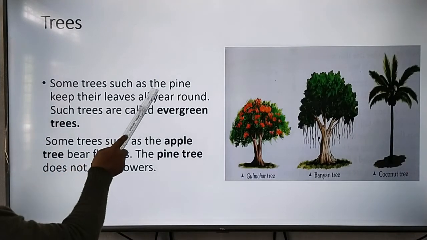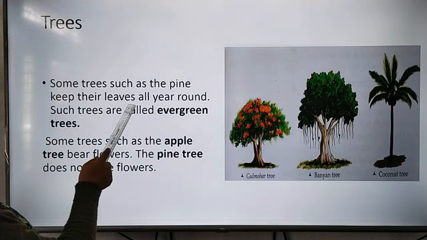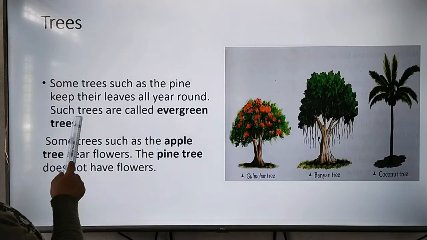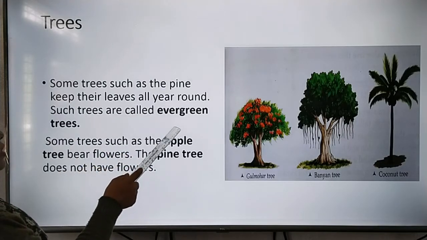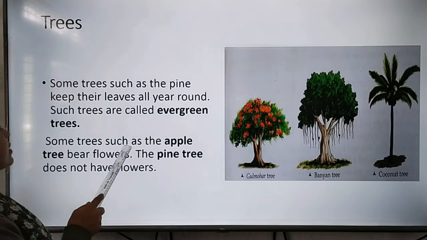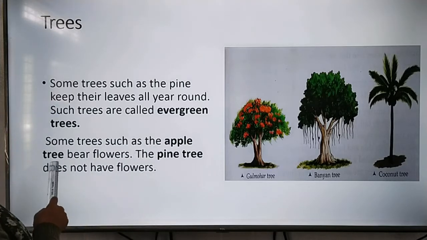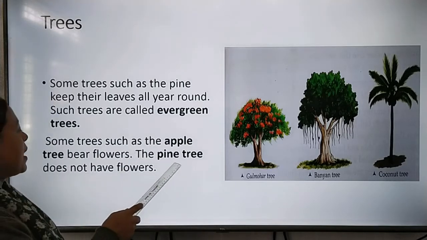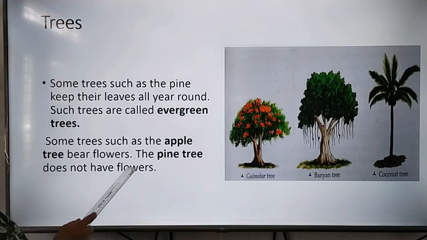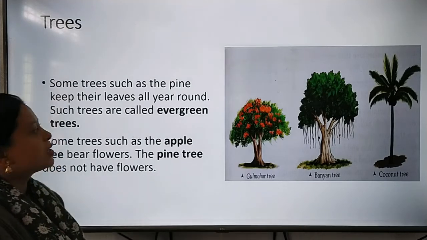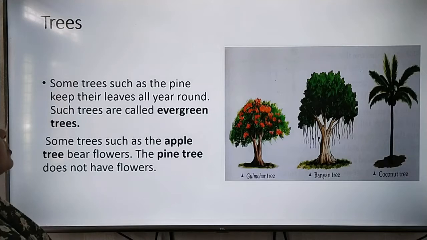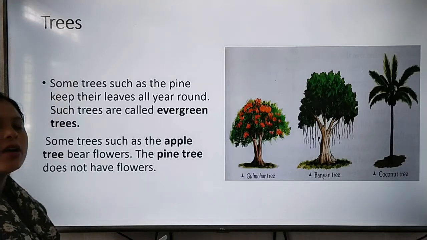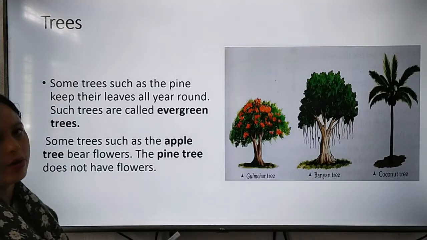Some trees such as the pine keep their leaves all year round. Such trees are called evergreen trees. So some trees like the pine tree keep their leaves all year round.